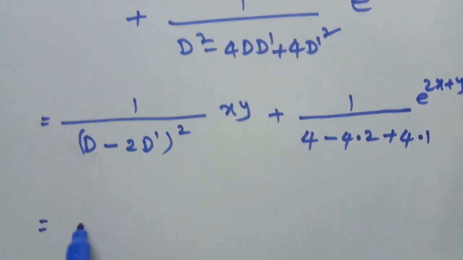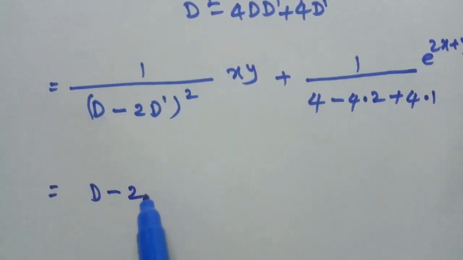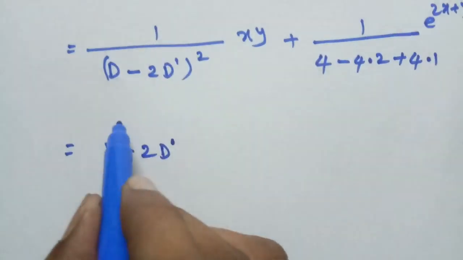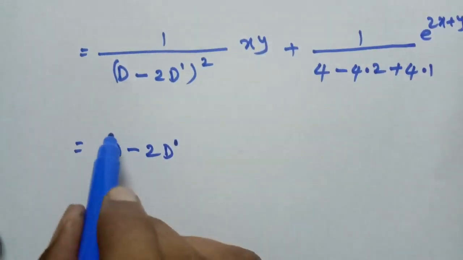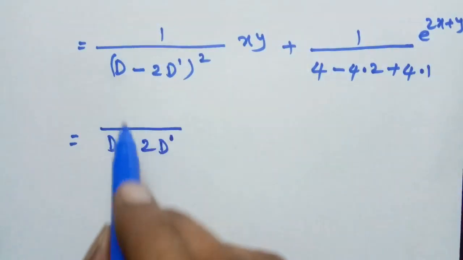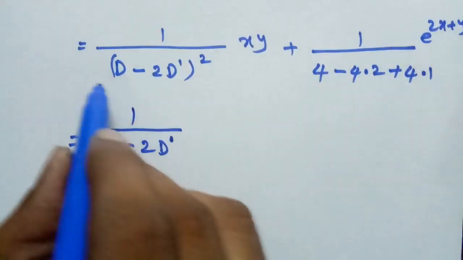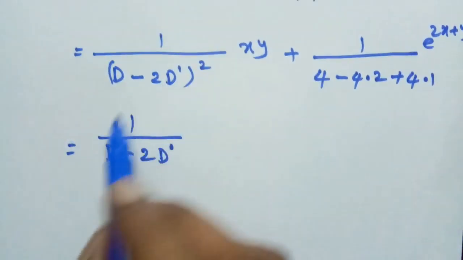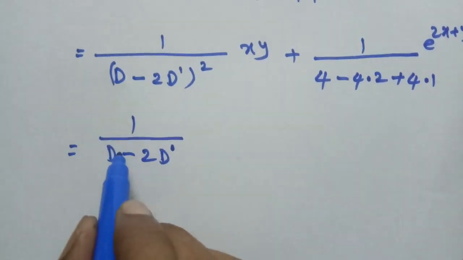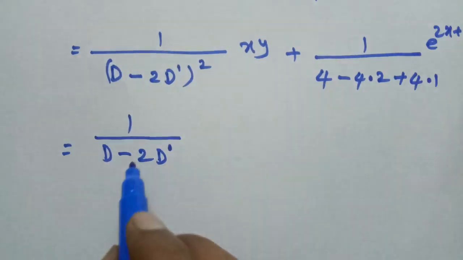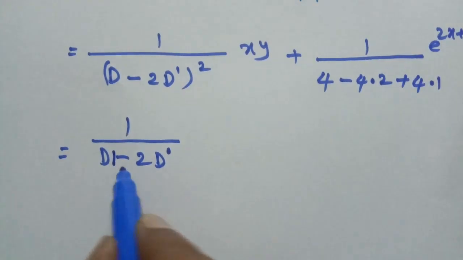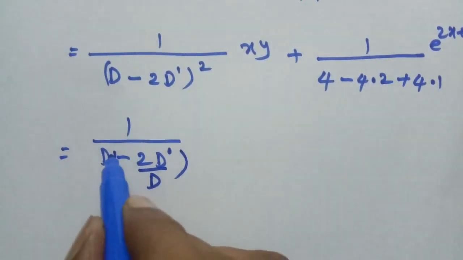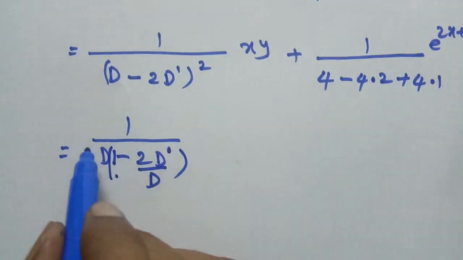Therefore this can be written as (D minus 2D')²; taking D as a common factor in the bracket, we get D² into (1 minus 2D'/D)².